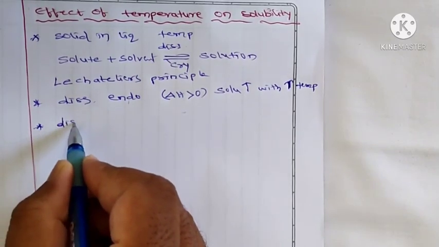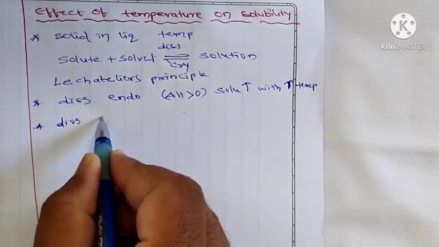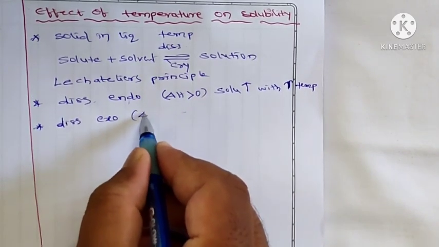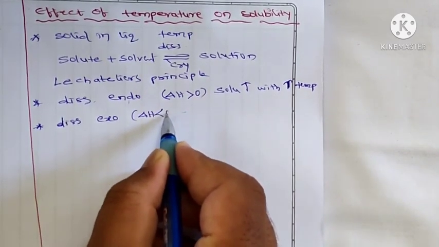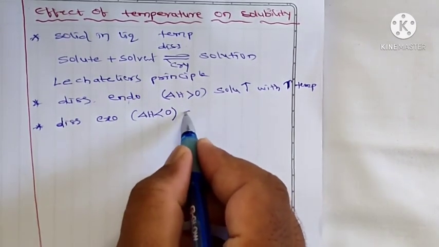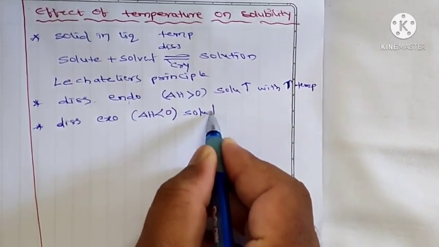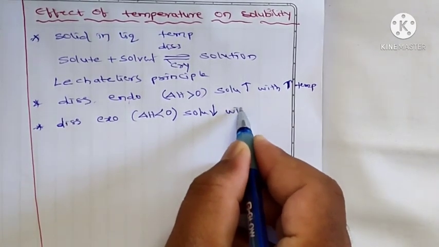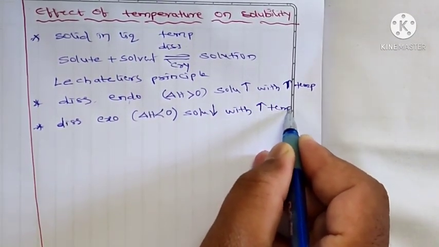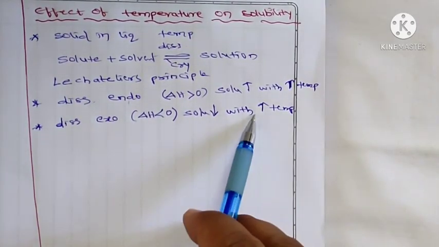And if the dissolution process is exothermic, meaning delta H less than 0, the solubility decreases with increasing temperature.